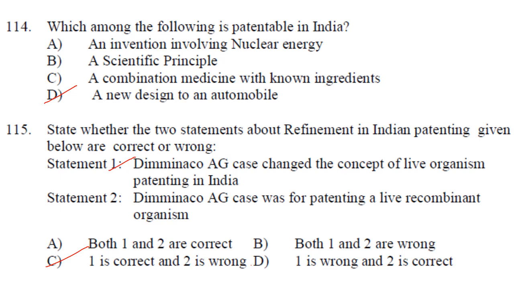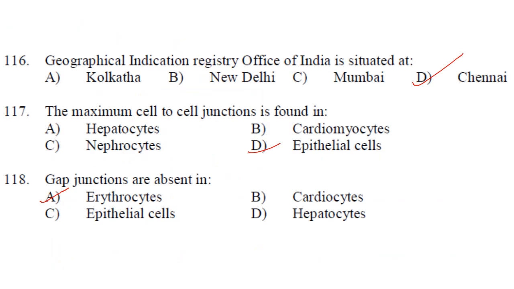So it was not given patent. So he could not take a patent for this particular discovery. So statement 1 is correct, whereas 2 is wrong. Answer is option C. Then Geographical Indication Registry Office of India is situated at Chennai.